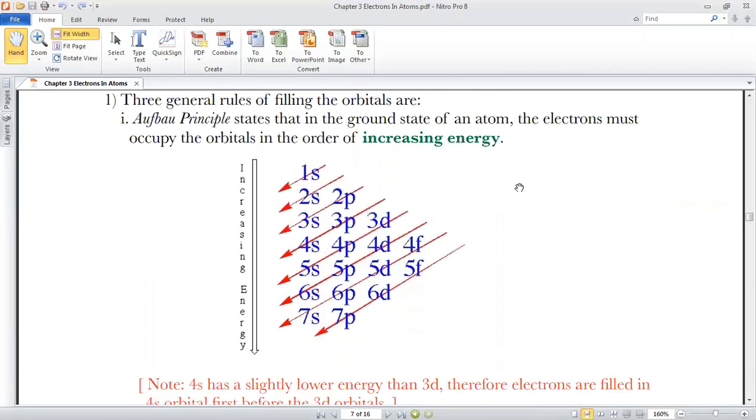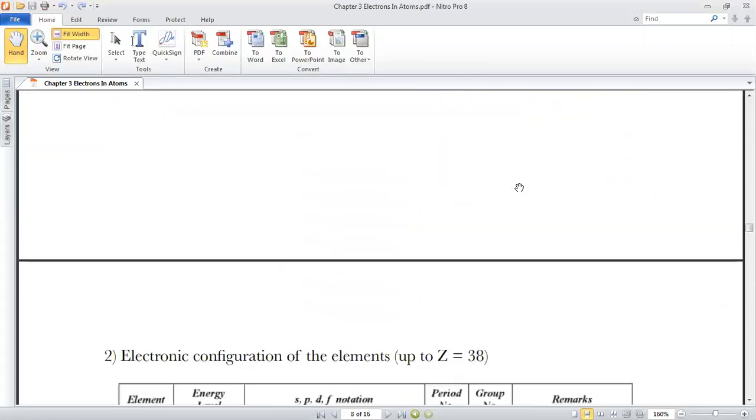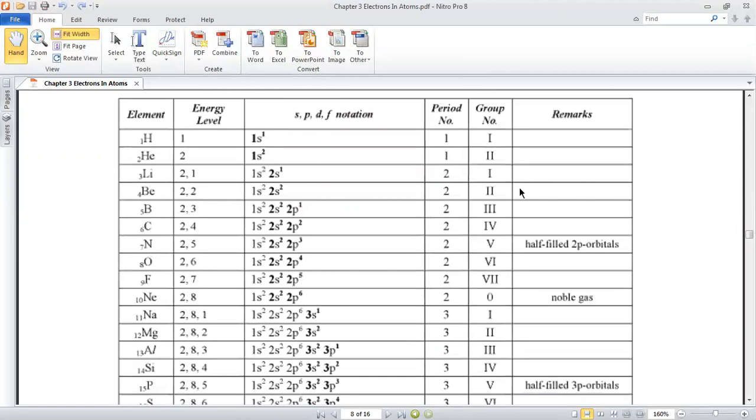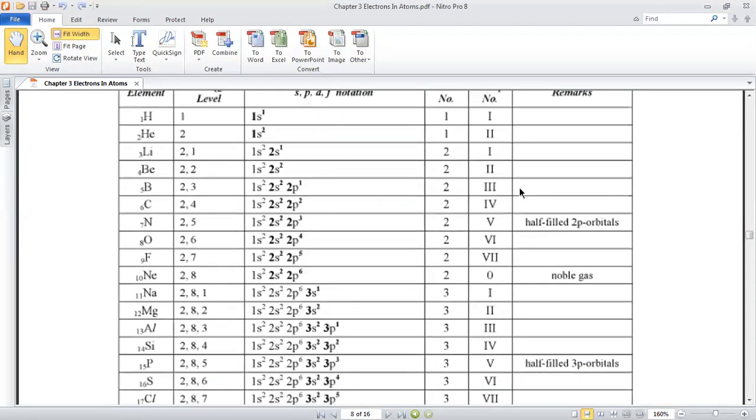Now let's see some electronic configurations of the elements from proton number 1 onwards. So hydrogen is 1s1, helium is 1s2, then lithium is 1s2 हो जाता है तो फिर 2s1, then beryllium is 1s2 2s2, इसमें s fill हो गया. बोरॉन में फिर आपके पास 5 इलेक्ट्रॉन्स, you have 5 electrons, you have to write 1s2 2s2 and then 2p1 आपके पास आ जाएगा.